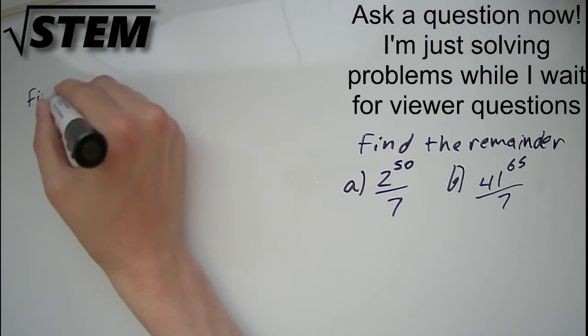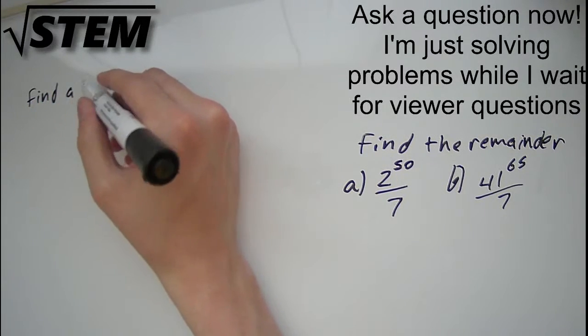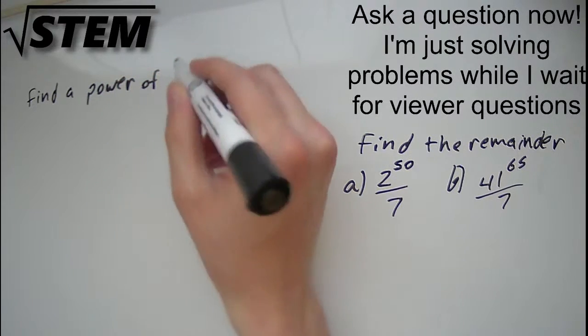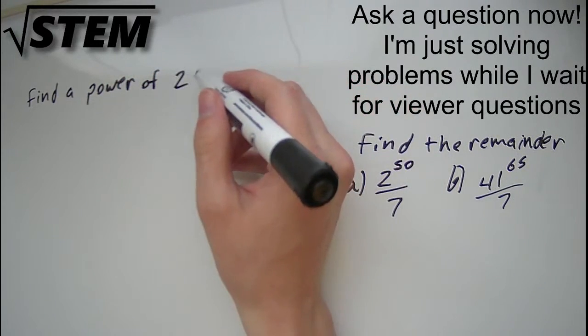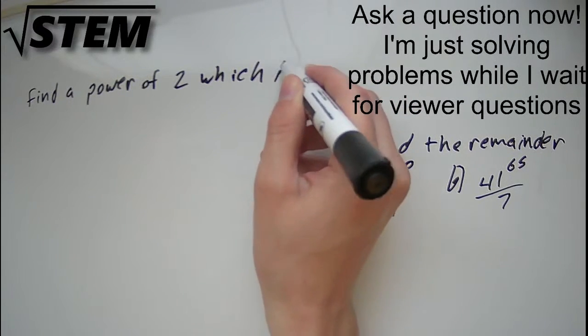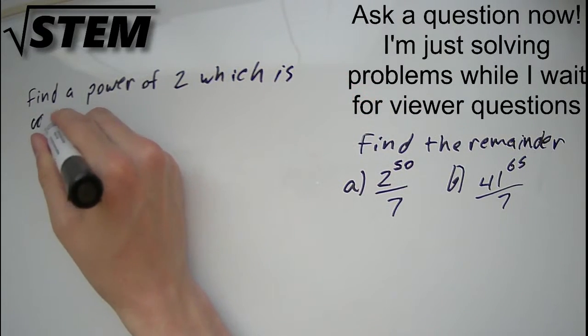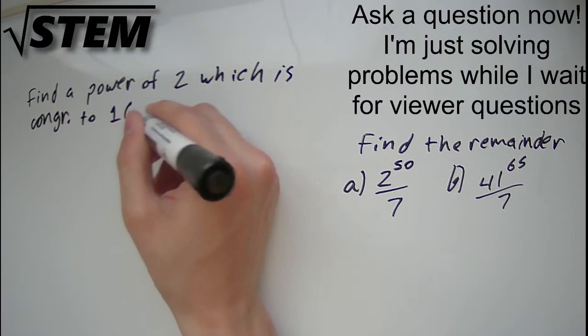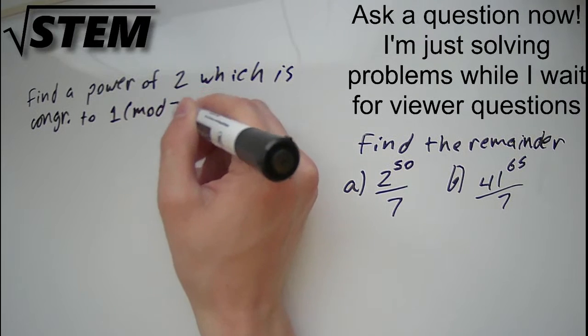So find a power of 2 which is congruent to 1 modulo 7.